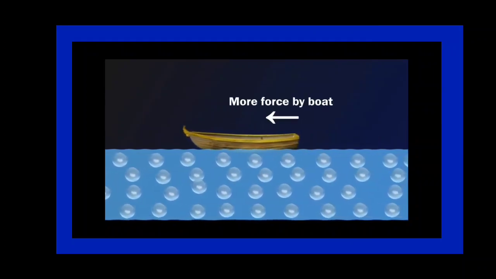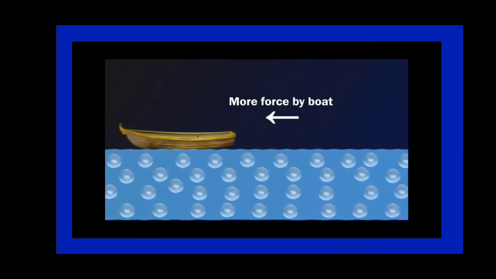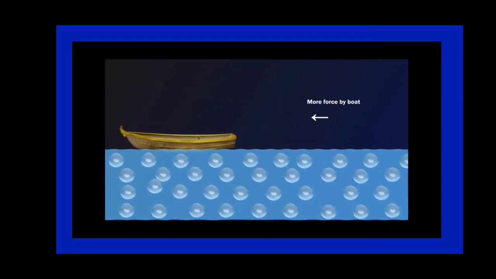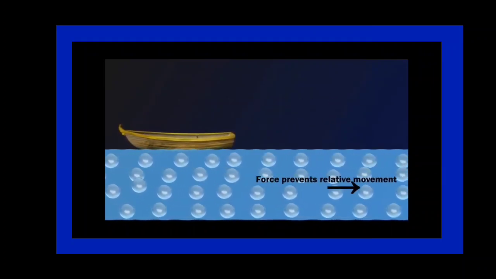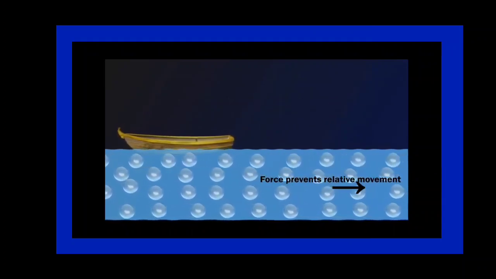And to overcome this force, the boat needs to apply more force. The force which prevents the relative motion between the layers of liquid is called the viscous force, and this property is called viscosity.